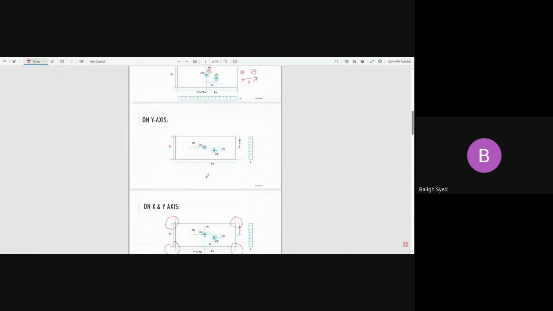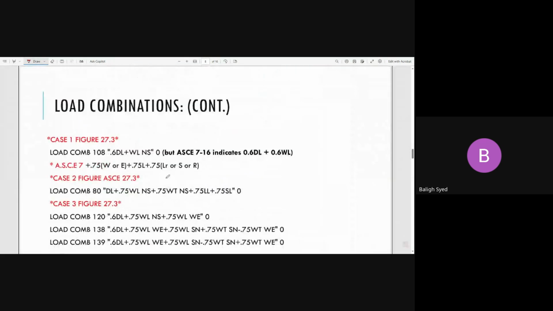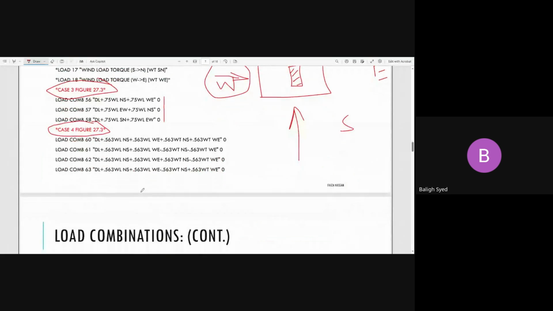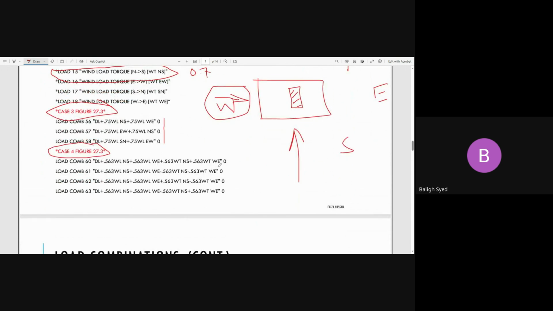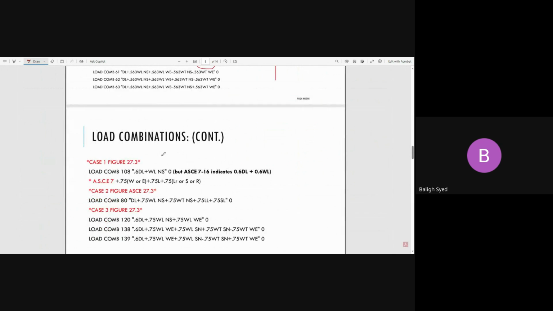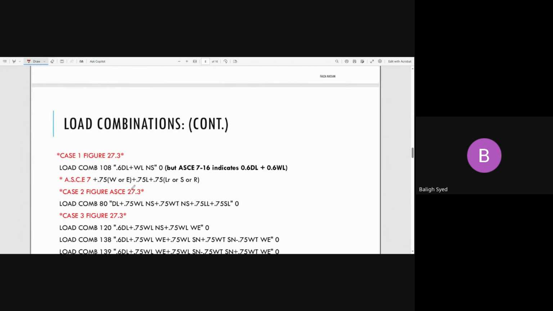All right, so next is the load combination. These load combinations, we test based on the direction, then we test base case 3, then base case 4, and here you understand how this wind torsion is being calculated. One more important thing is still the industrial structure, because I'm very comfortable with this 0.6D plus wind load.